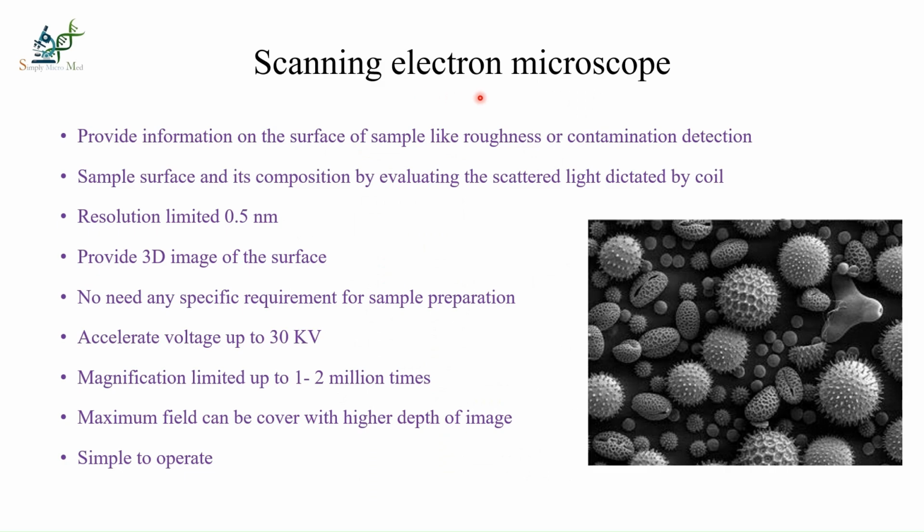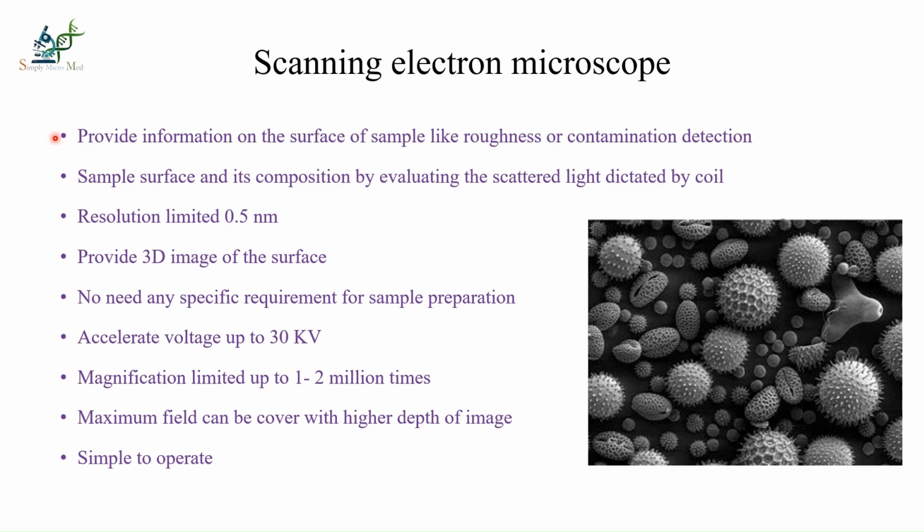So, the scanning electron microscope will provide information on the surface of the sample, like roughness or contamination detection. That means in the scanning electron microscope we scan the area and it will scatter or emit some electrons that will be detected.